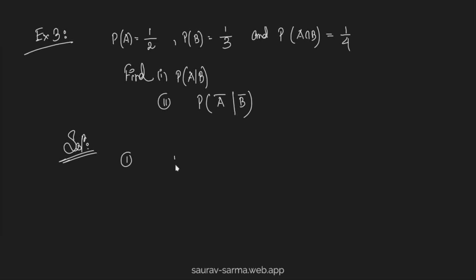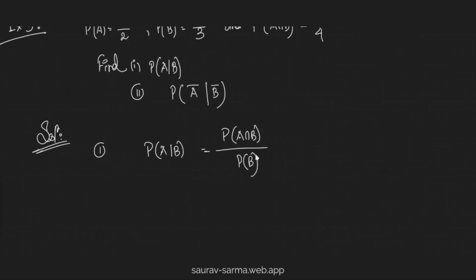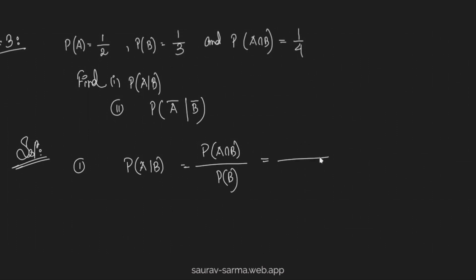Number 1 prothom ki ase probability of A given B ase, so obviously the formula is probability of A intersection B pisphale B ase so B, right? So it's a very straightforward formula and solution.